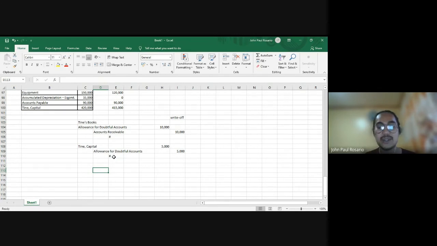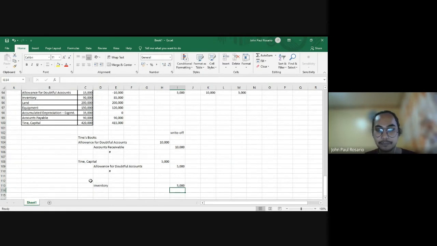Inventory is an asset. So when it increases it is a debit, but since this one is a decrease, we have to credit inventory. Amounting to 5,000 decrease. From 90,000 it became 85,000.